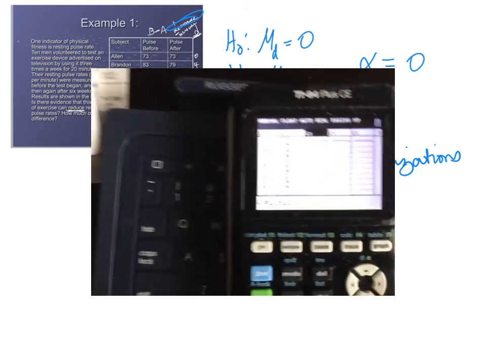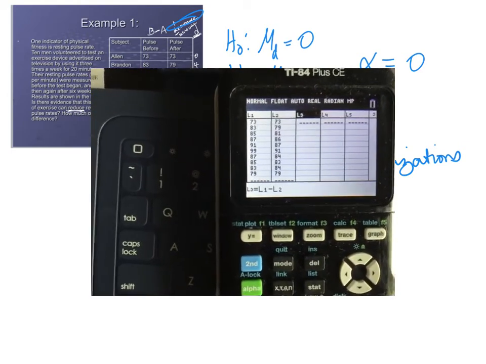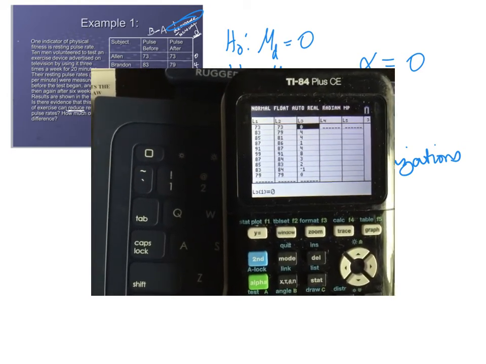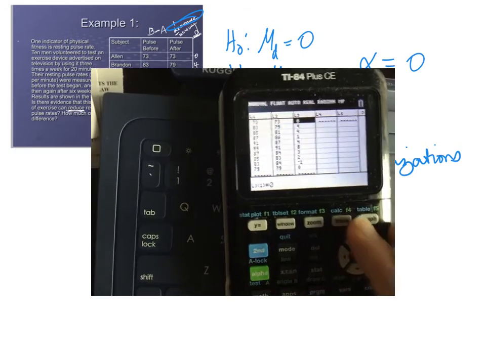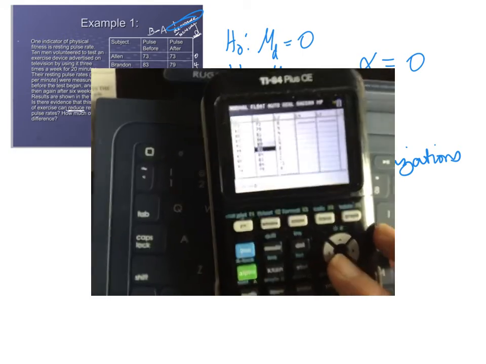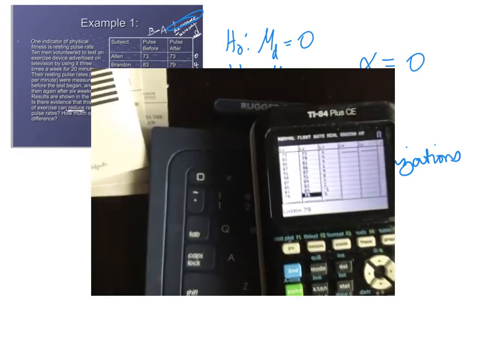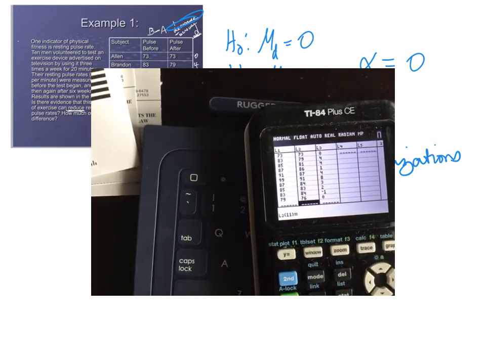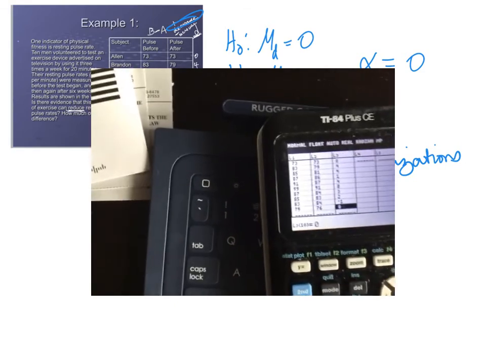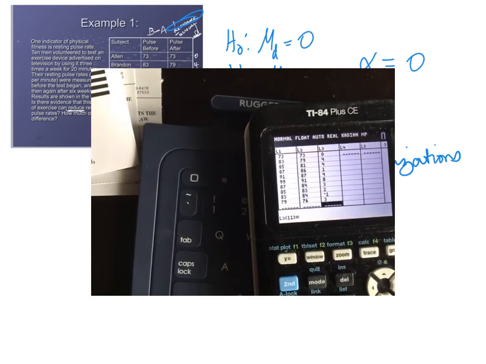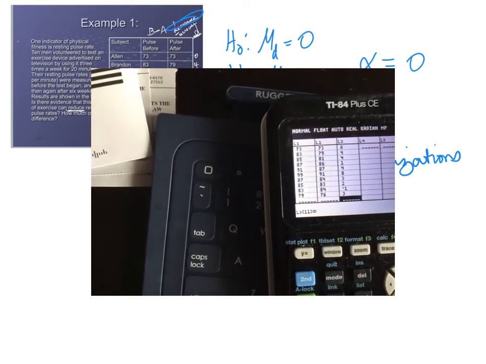You can see it says that there, and then it's going to give me my differences. And it looks like I made a mistake. This should be 76, and then we'll change this to 3. Okay, so now everything I do, I'm going to do it on list 3.